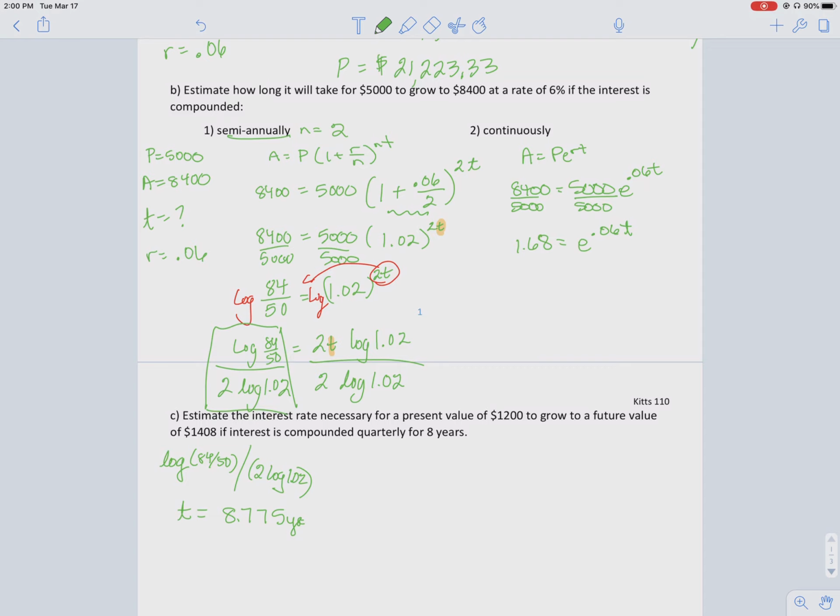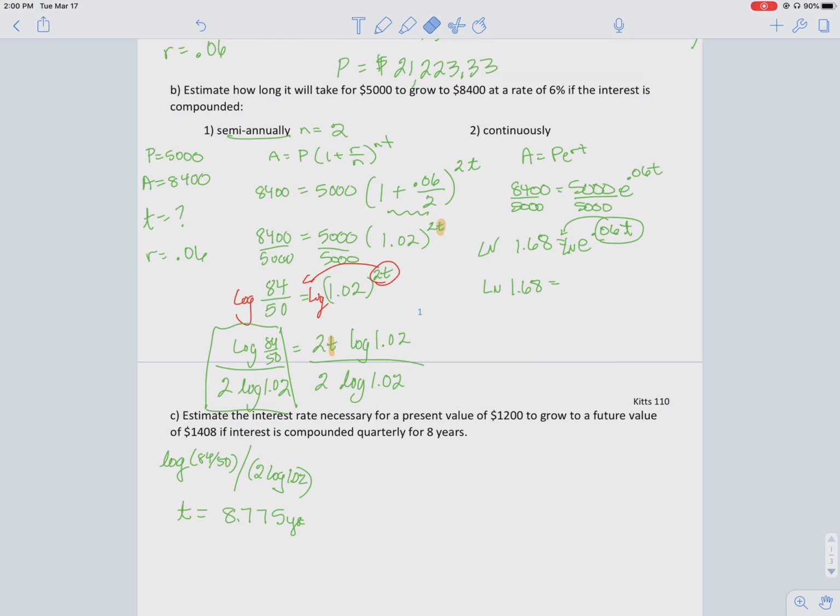All right, so now I need to get this thing down in front, right? So since I have an e there, I'm going to take the natural log. So that means I'm going to have the natural log of 1.68, and 0.06t times the natural log of e. Oh, wait a minute, sorry.